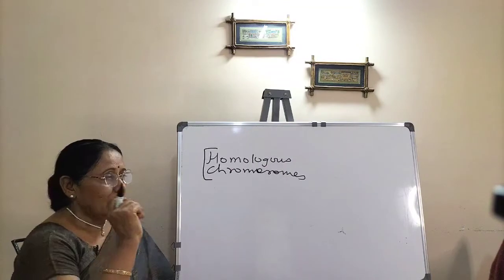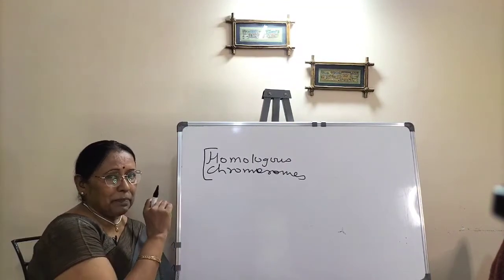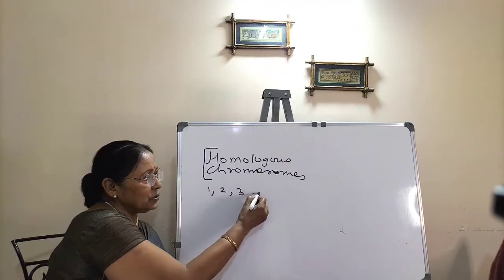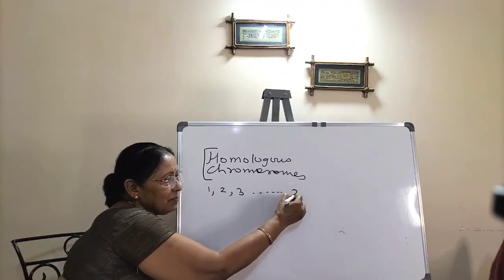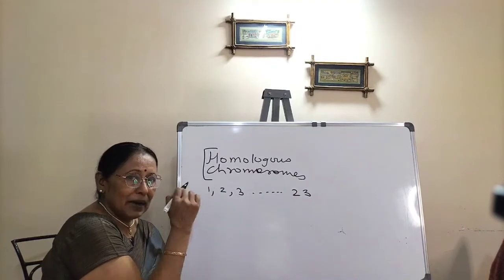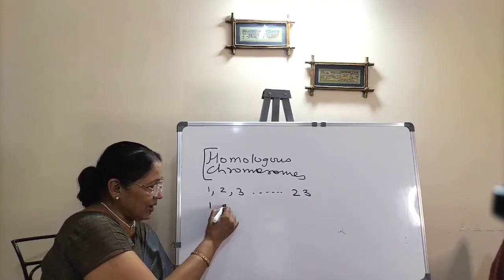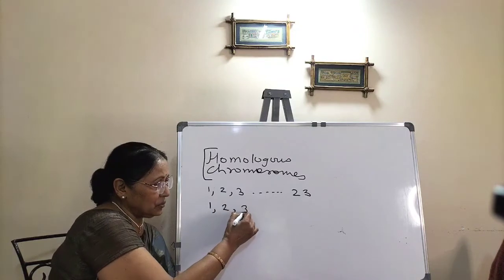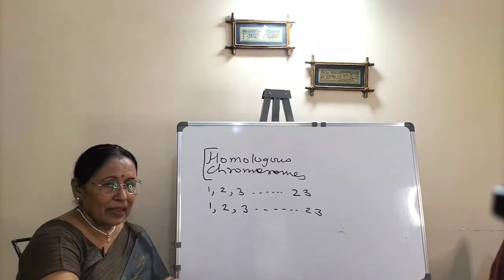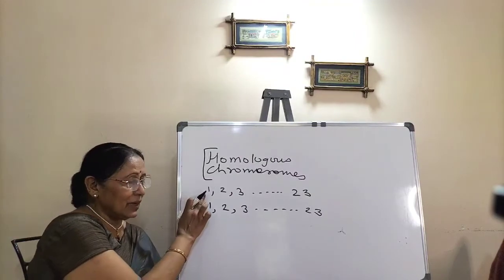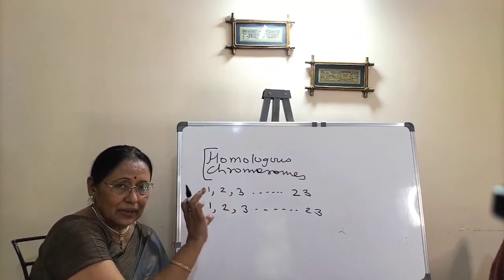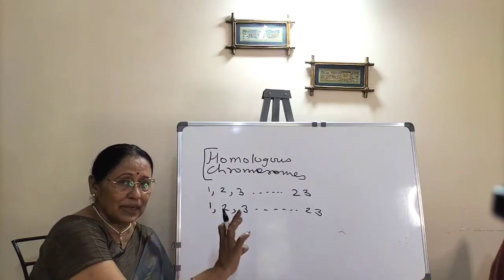So one complete paternal set will be having chromosome number 1, 2, 3 to chromosome number 23. Similarly, the maternal set will also have chromosome number 1, 2, 3 and then up to 23. I told you that this numbering cannot be changed when we arranged the chromosomes to form the karyotype.